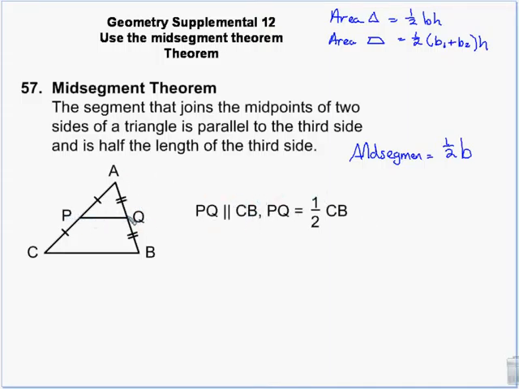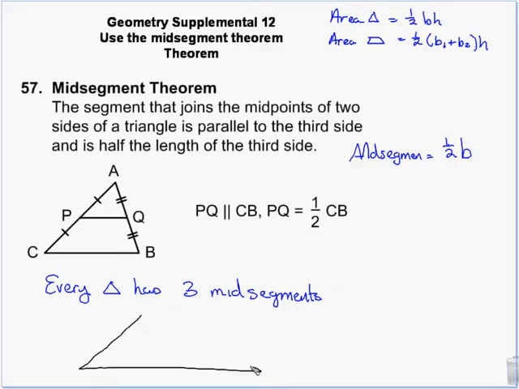So again, PQ will be parallel to CB, and it's 1/2 of the length of CB. Now every triangle has 3 midsegments. If we have a triangle, we'll have a midpoint on each side.